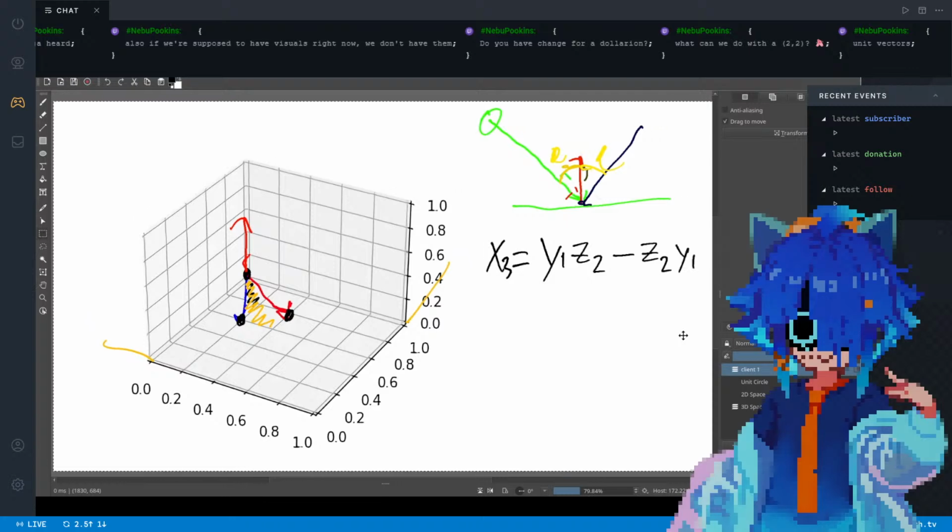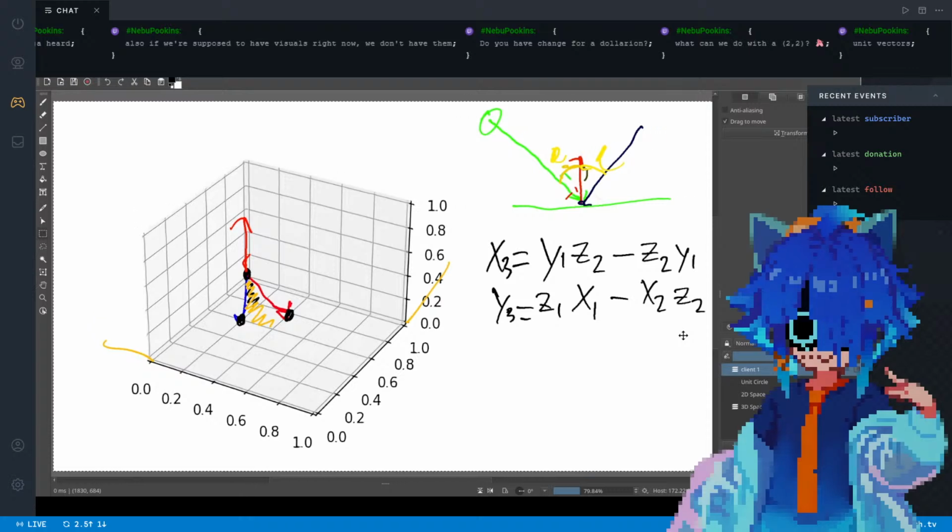I am obviously reciting this from memory. This is not complicated enough that I have to look it up. What are you talking about? Then we have y of 3, so the new y is equal to z of 1 times x of 1 minus x of 2 times z of 2.